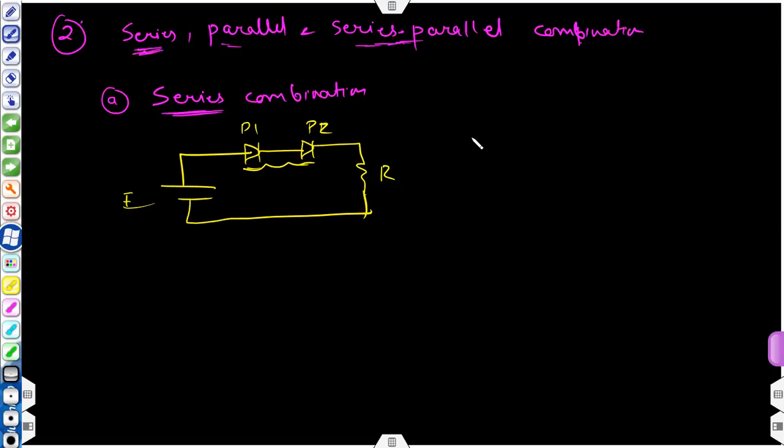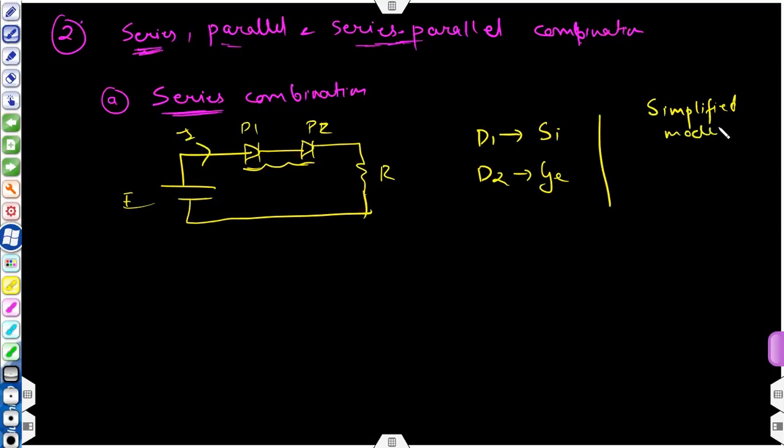Let us assume that D1 is a silicon diode and D2 is a germanium diode, and you have to use the simplified model for solving the value of I. Since you are using the simplified model, Vk for silicon will be 0.7 and Vk for germanium will be 0.3.